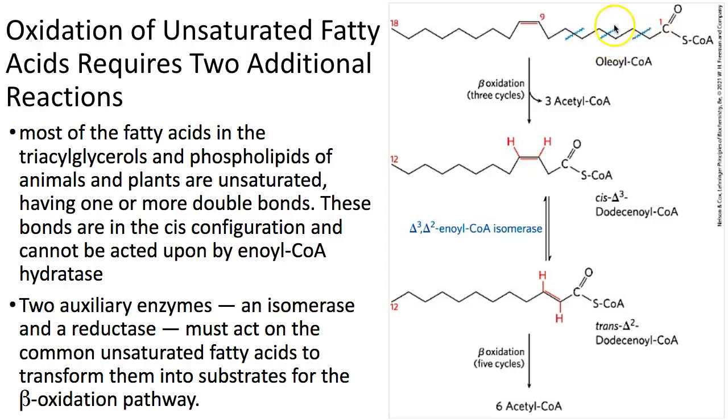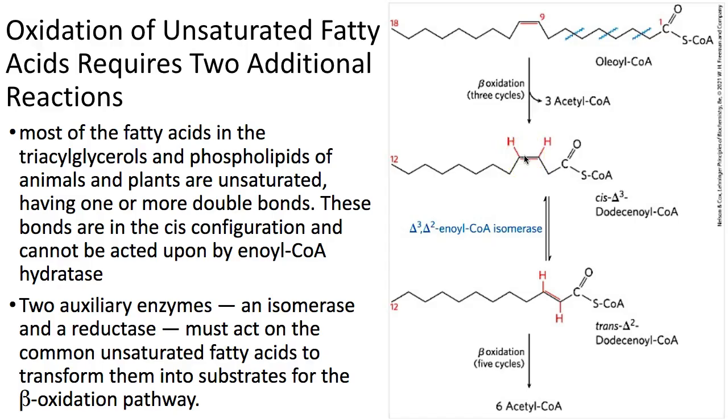With this fatty acid, you can do the normal cleavage, because there is no double bond here, and so three acyl coenzyme A can be produced. But now we get stuck here, where there is a double bond in a cis configuration.